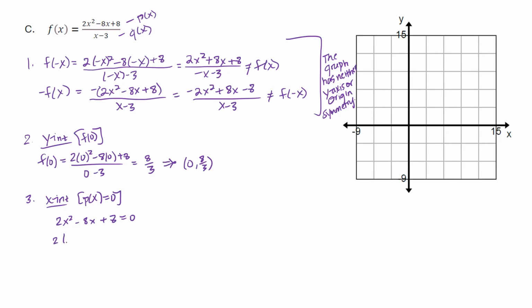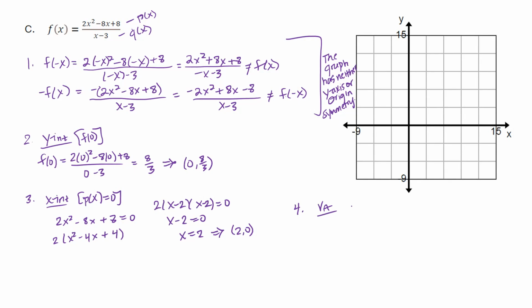I can factor out a 2 to get my quadratic in easier terms. So this will give me 2 times (x minus 2)(x minus 2). So x minus 2 equals 0, x equals 2, which gives me the point (2, 0).